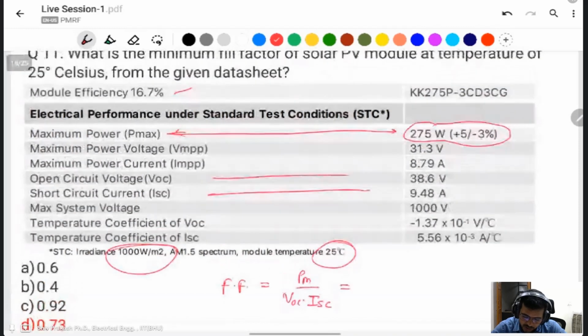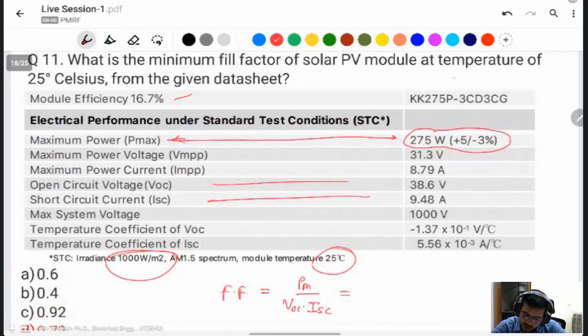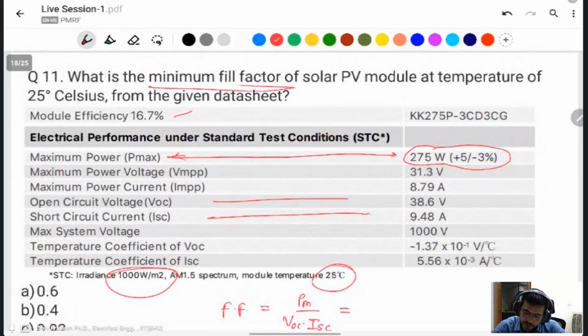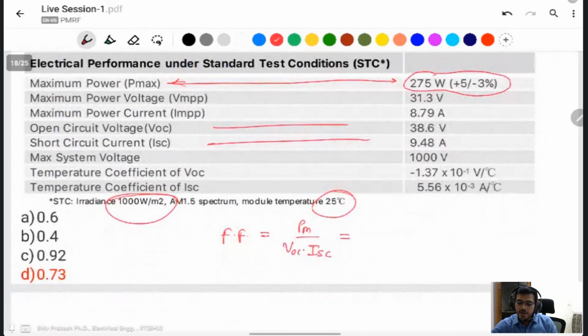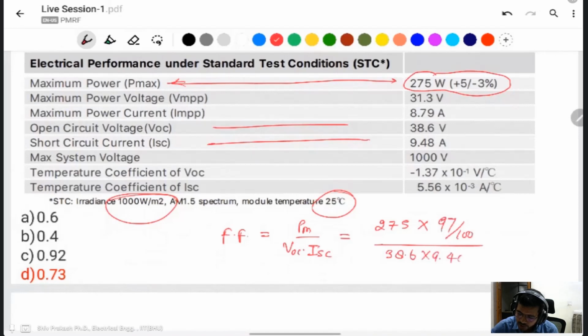Then the lowest is given as the minimum power. Minimum fill factor occurs at the minimum output power. It means a reduction of 3%. Then 275 reduced by 3% means 97%, divided by VOC and ISC, 38.6 into 9.48.